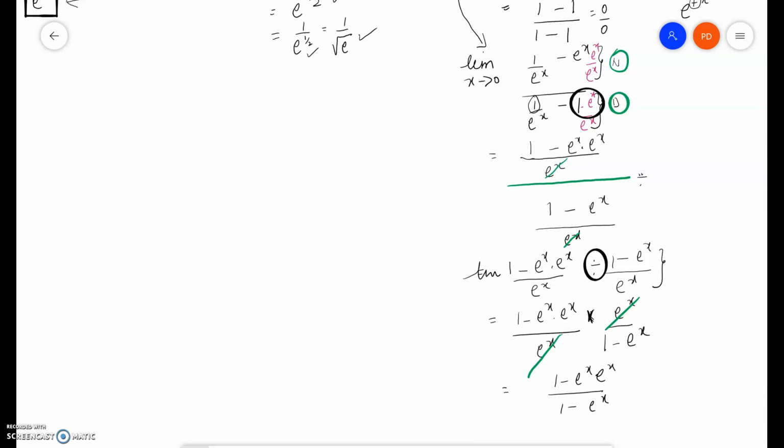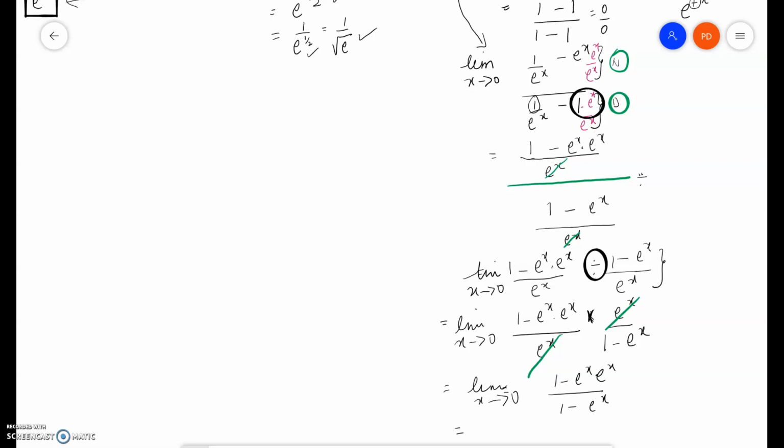Now we're ready to take the limit again. So let's write down the limit as x approaches 0, and now we are ready to substitute again. Since we have made some cancellations, let's see if substituting will help.